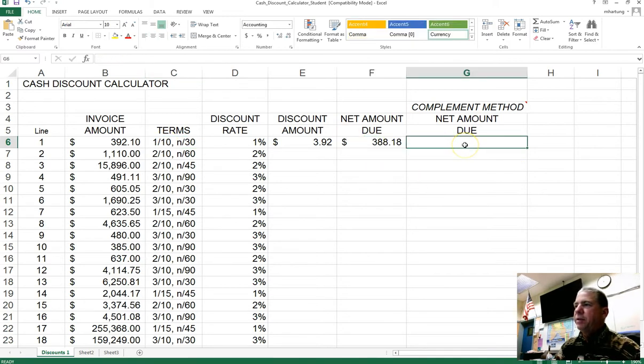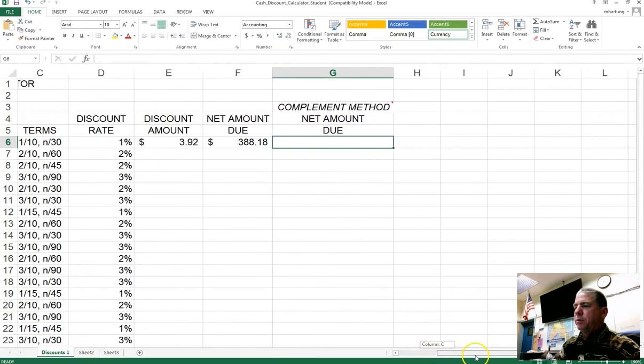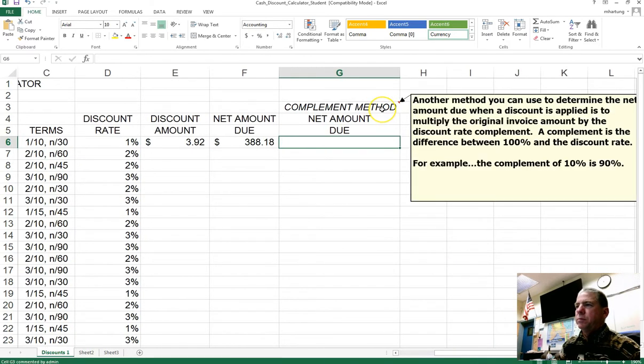And then I've added here a net amount due for using the complement method. I believe that was in the Quizlet. The complement, I put a little note here that you can look at. So another method you can use to determine the net amount due when a discount is applied is to multiply the original invoice amount by the discount rate complement.